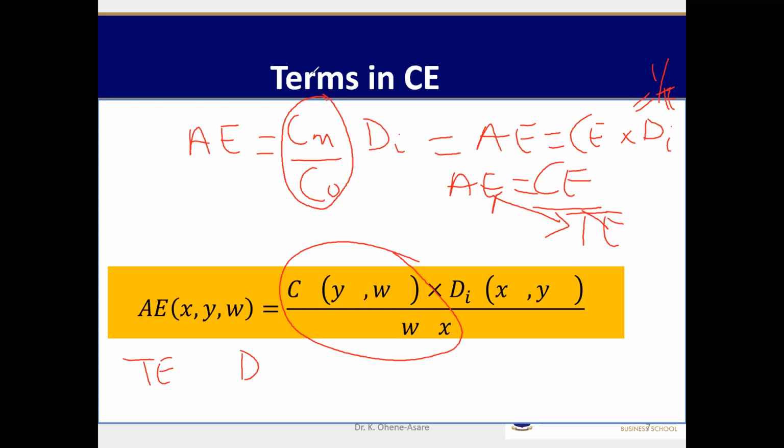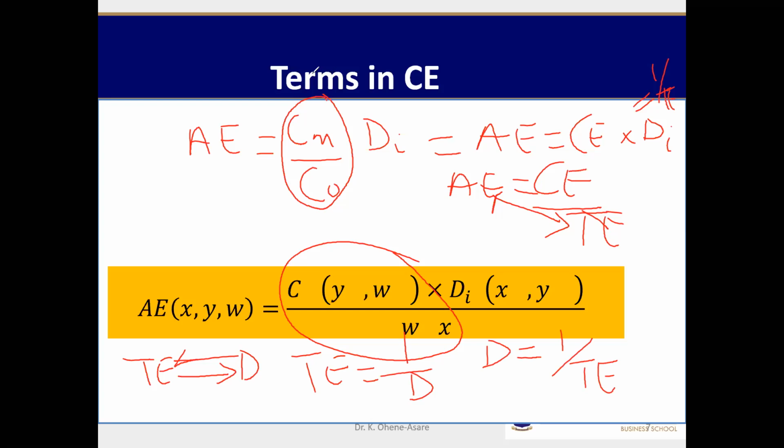It's another author called Shepard. Sometimes we call it Shepard distance function. Now, there is a connection between the two, and the connection is that one is a reciprocal of the other. So technical efficiency is always 1 over D, the distance function, and D is always 1 over technical efficiency.